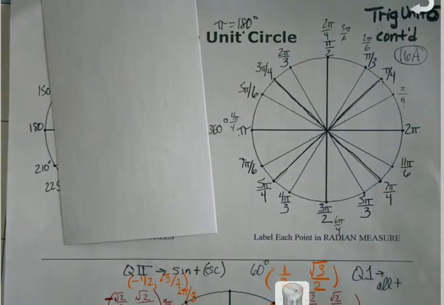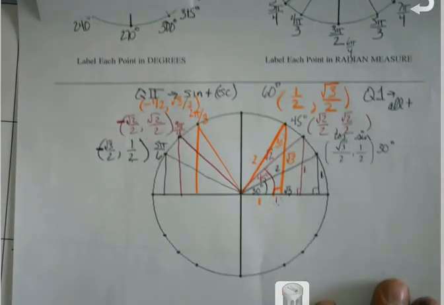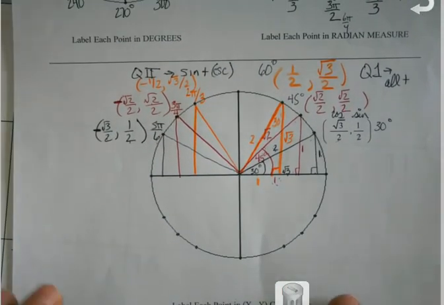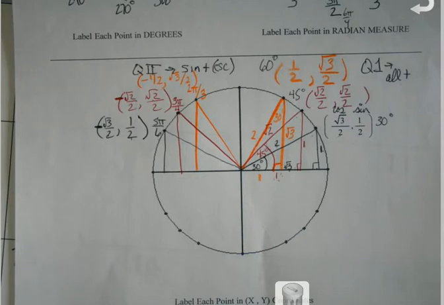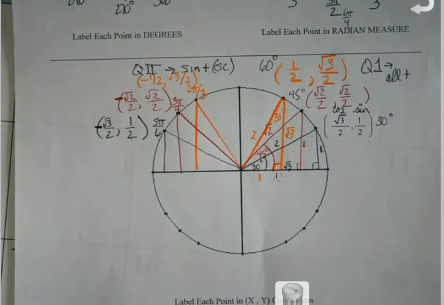We started to talk about yesterday, even though it was very brief, where these values are going to come from that go with those. In each quadrant of the circle, I'm going to have these 30, 60, 90 and these 45, 45, 90 triangles.